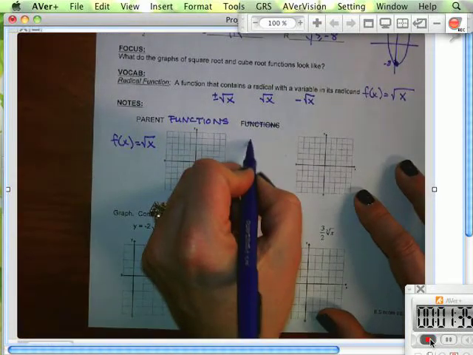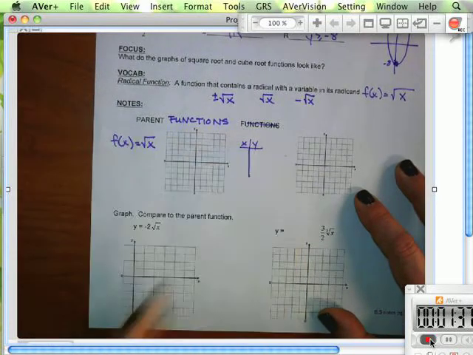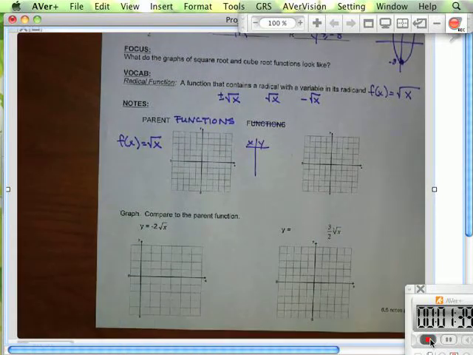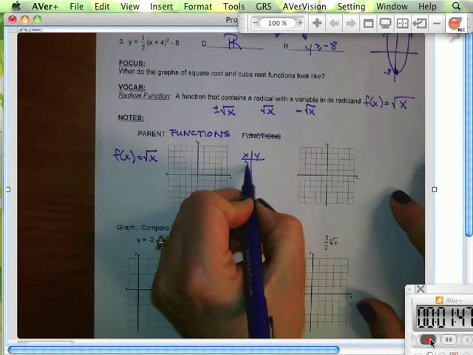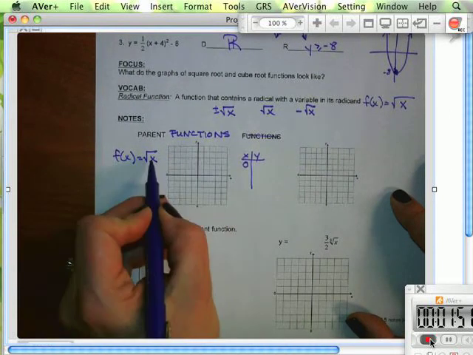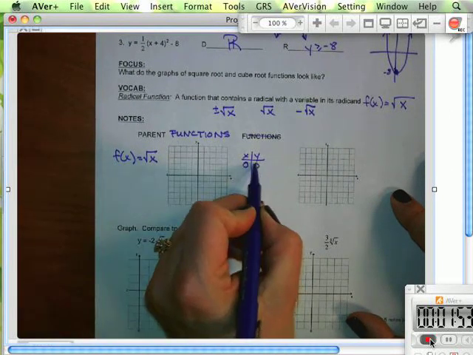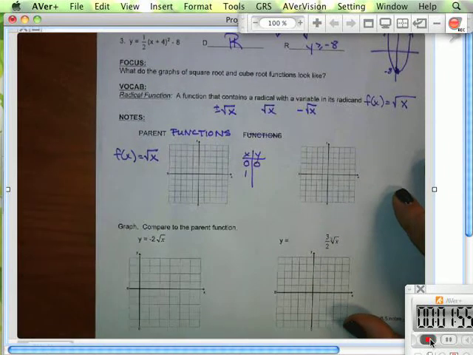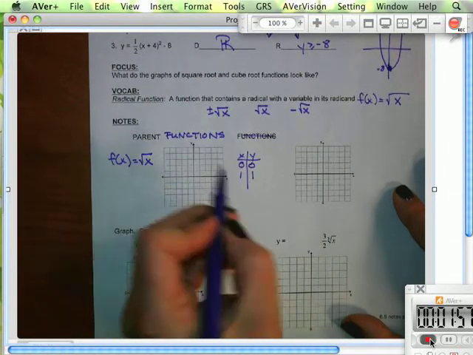Make a table. Yes, you're going to have to do this today. You're going to have to get some points off the table on the calculator to sketch your graphs. Just kind of a good habit to get into. If I plug 0 into this, what would my output be? The square root of 0 is 0. The square root of 1 is 1. The square root of 4 is 2.